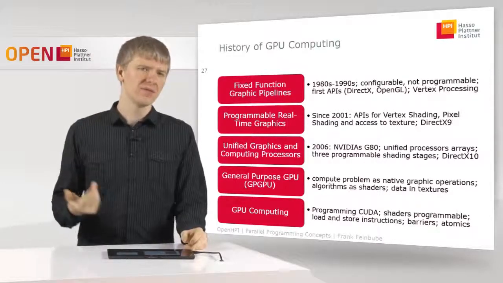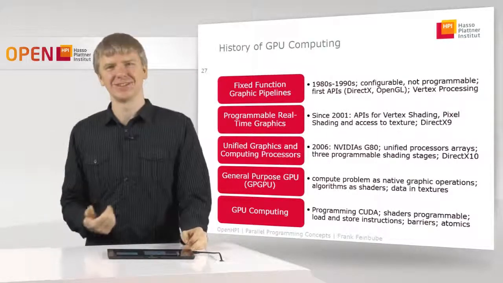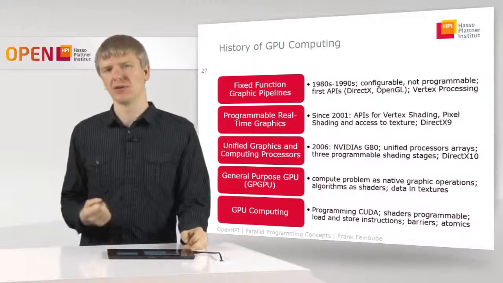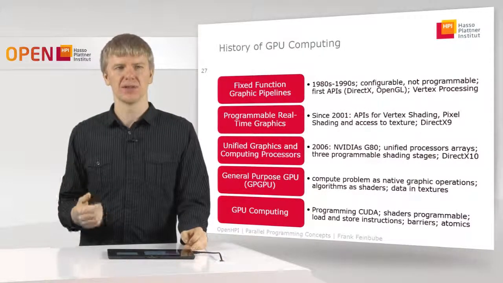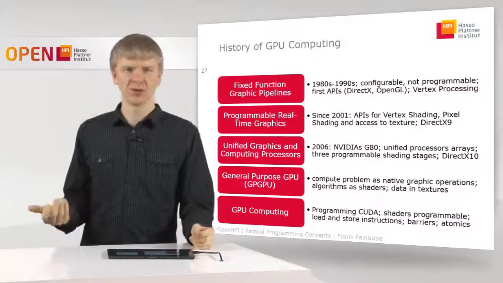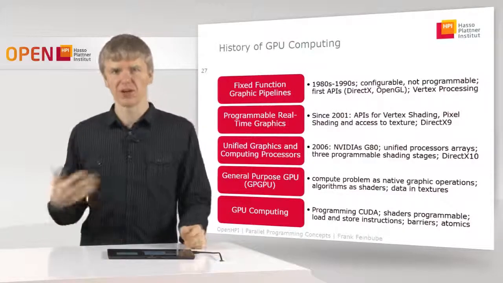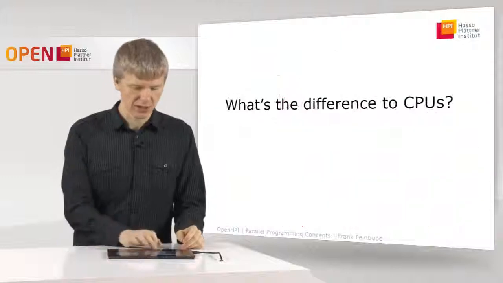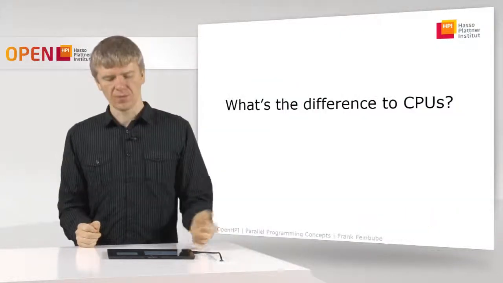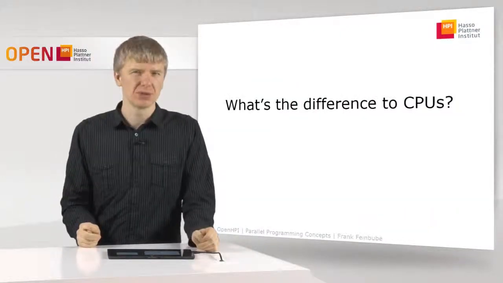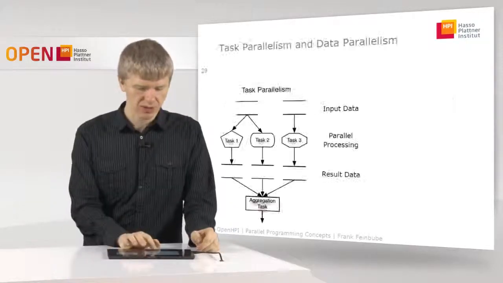And NVIDIA thought that it might be a good idea to create a real programming model that people could use, and this is what we have today, GPU computing, where you actually can write C programs and run those on accelerators. Okay, so what's the big difference between GPUs or accelerators and CPUs?